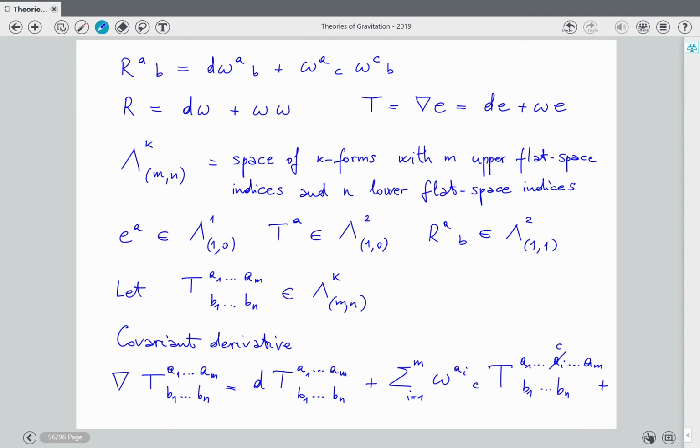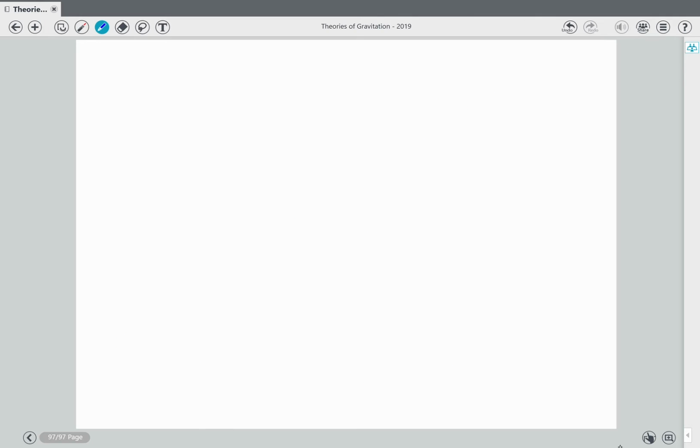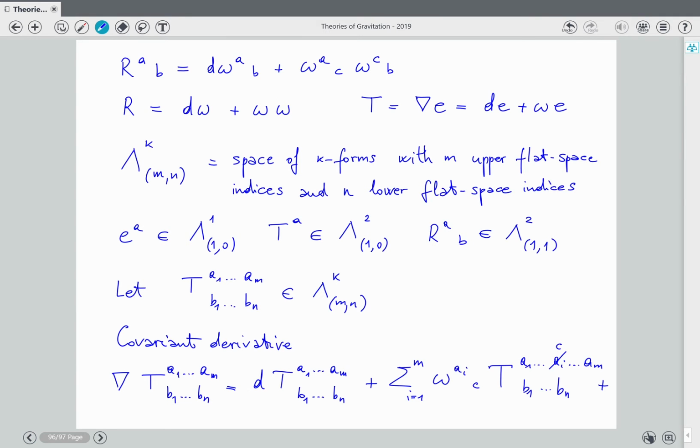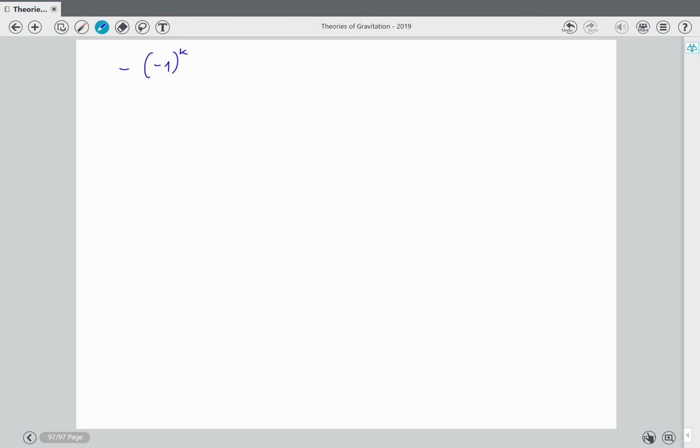Then there is another contribution, minus 1 to the power k, where k is the degree of the form. And then you have sum for I going from 1 to n, T, a1, am, b1, bi, you suppress it and replace it with c, and then you multiply by omega c bi.